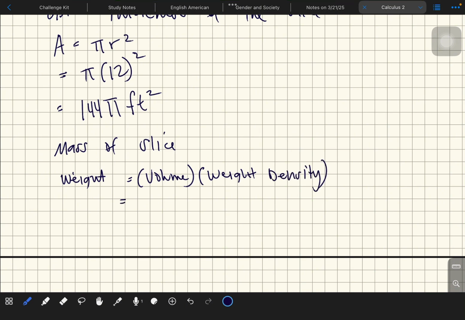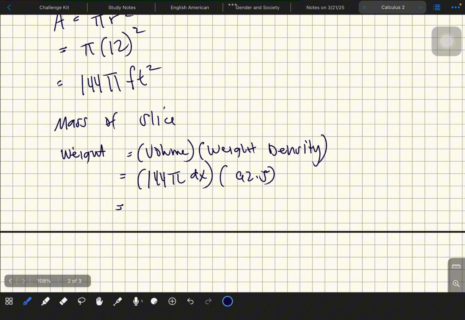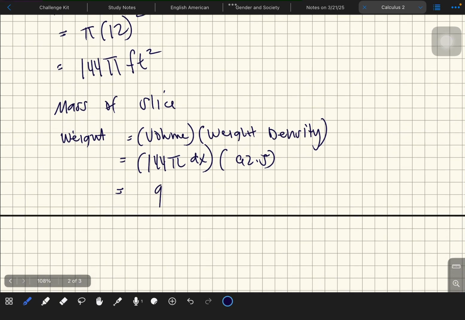So our volume is equal to 144 pi dx times 62.5. So, we have the answer of 9,000 pi dx pounds.